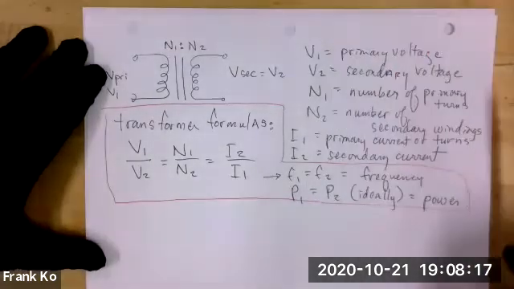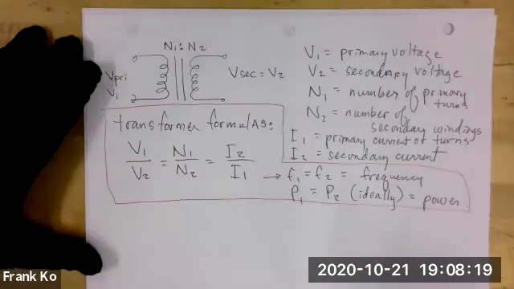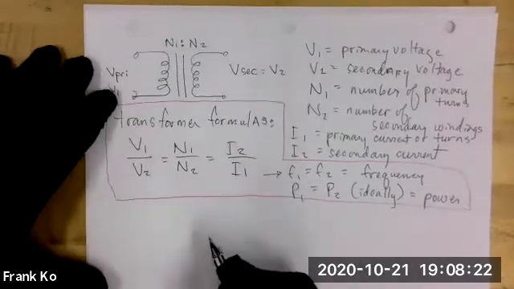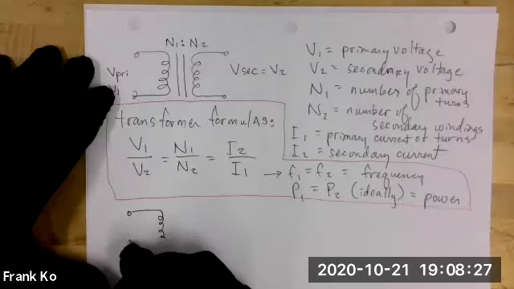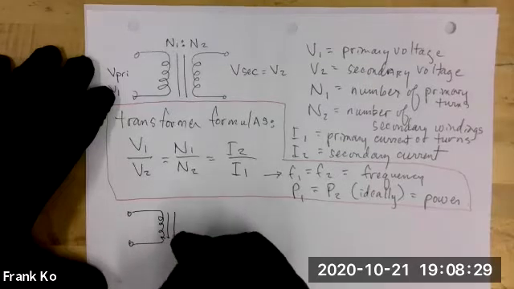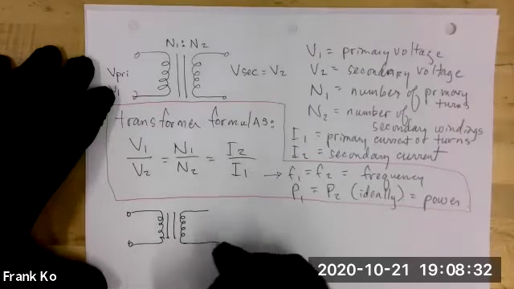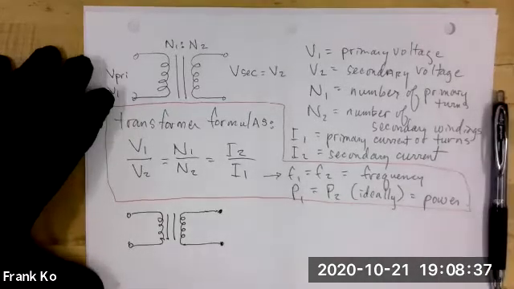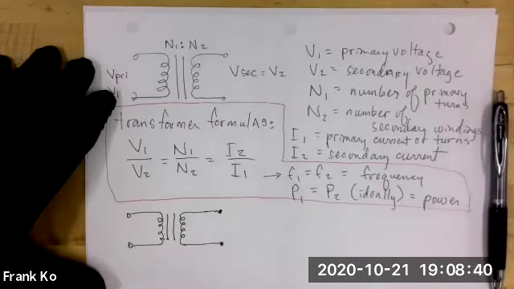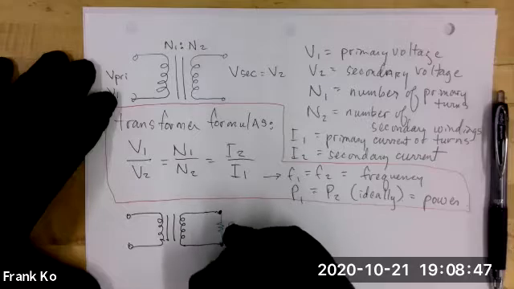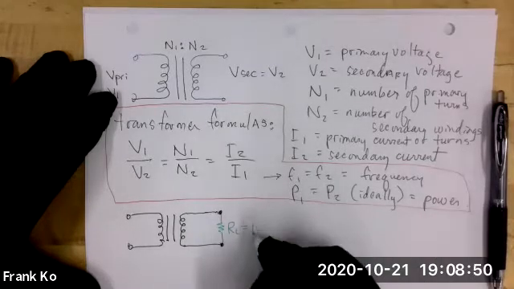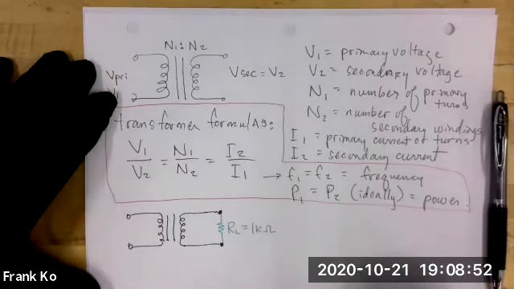Now, if I were to do a simple exercise with you and say, here's a transformer, and I will hook up a load to this transformer. The load, RL, let's say is equal to 1 kilo ohm.